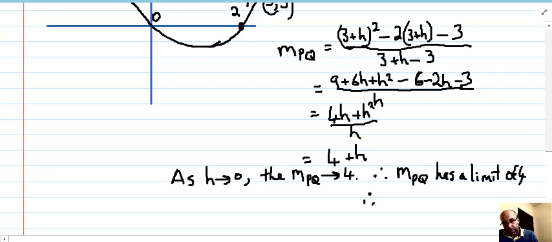Therefore, the tangent at P has a gradient of 4.